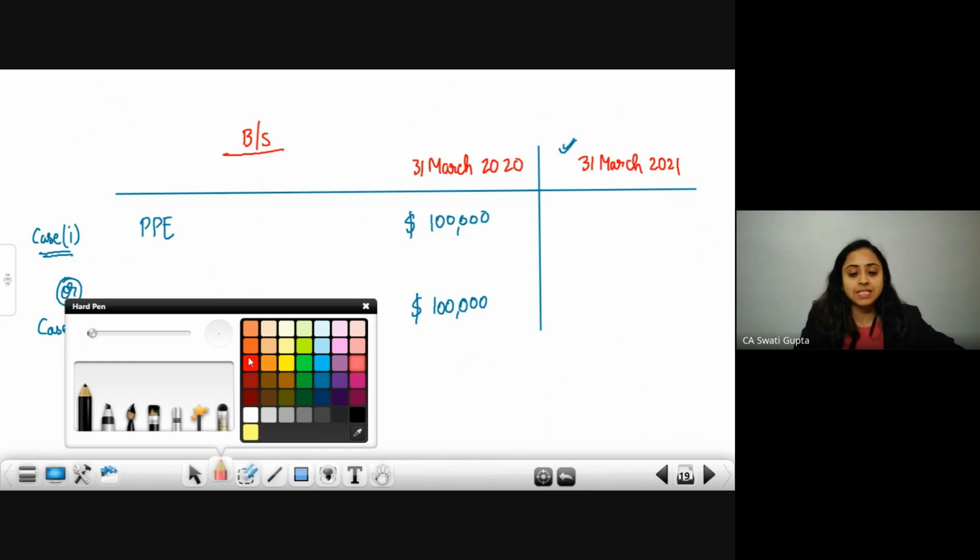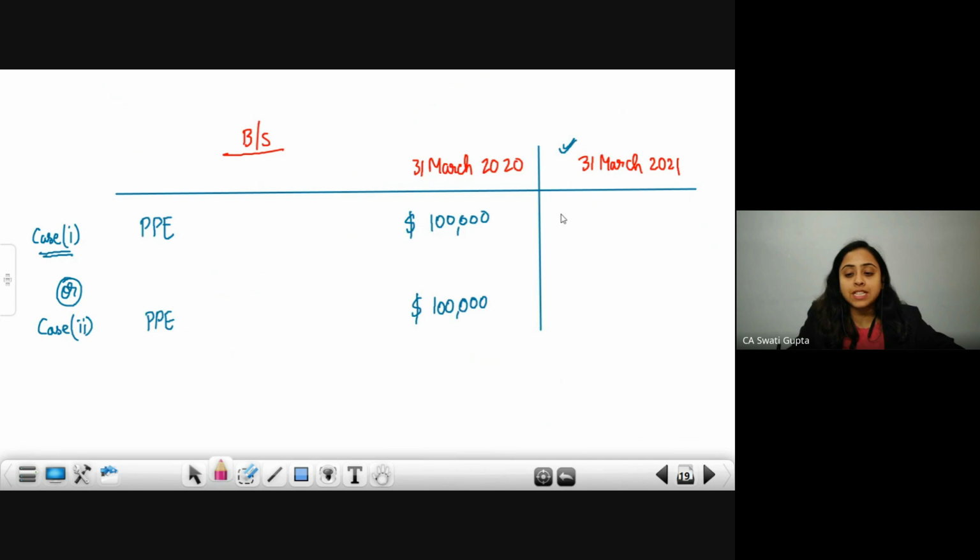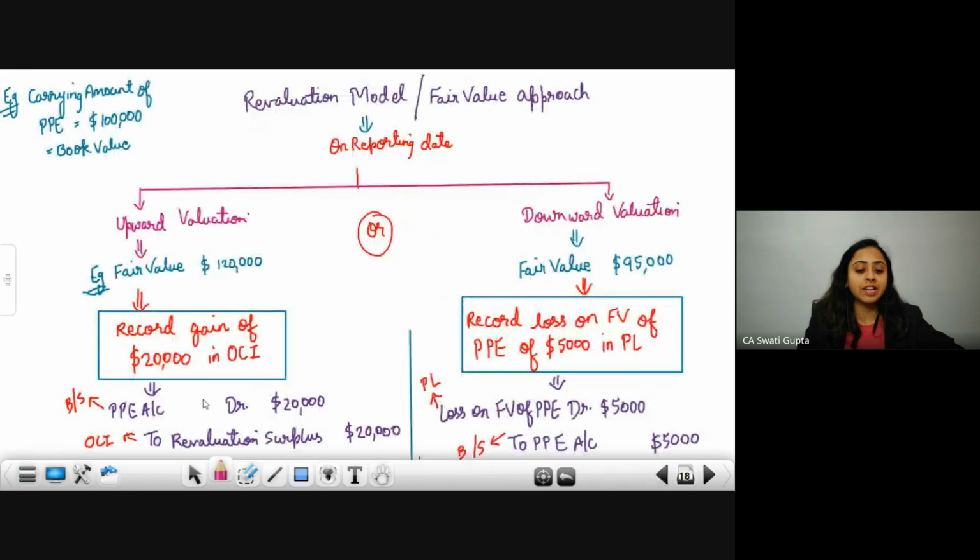So this means your asset will now be recorded at 1,20,000. How will you record it? By passing a journal entry. That means increasing your PPE by 20,000 and simultaneously recording the difference to your statement of PL and OCI. Since it's a notional gain, do not record it in your PL. Instead, show it under OCI in this manner.